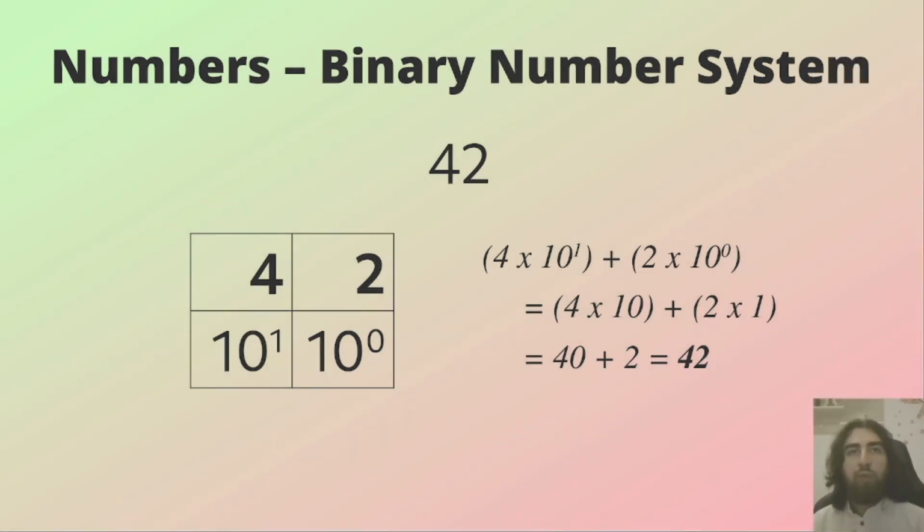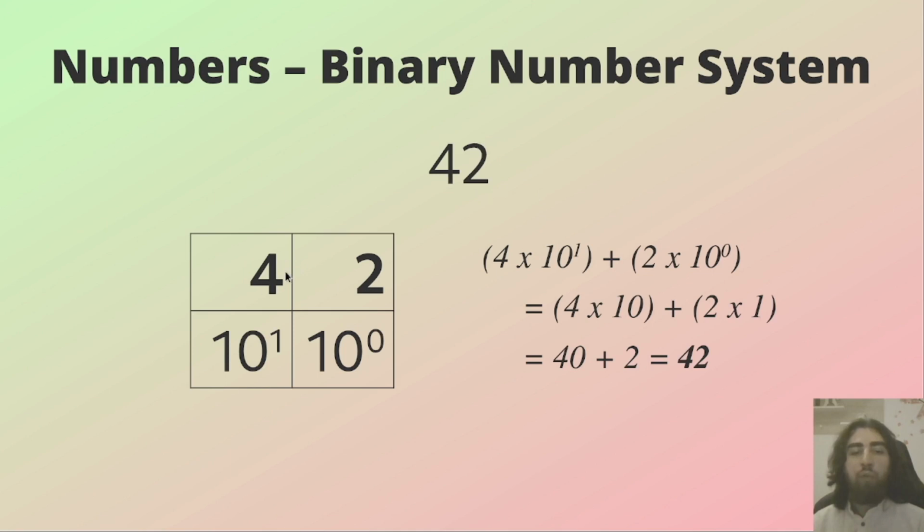Now to make sense of all of this, you will have to understand the binary number system. If you're familiar with binary, just skip ahead because you won't learn anything new here. But I just want to ensure that we are all on the same page. So if we consider this decimal number over here, 42, let's look at each distinct digit.